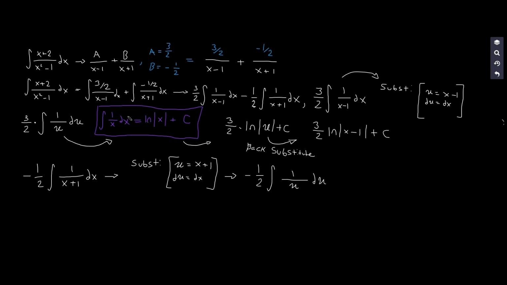And we're going to hit it with this same formula here, so it's going to be negative 1/2 times the natural logarithm of the absolute value of u plus c.